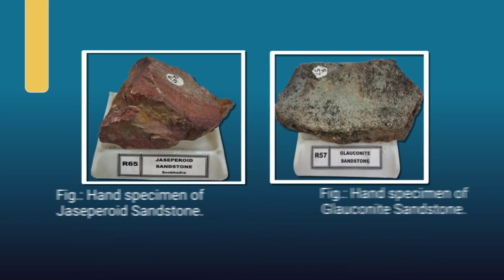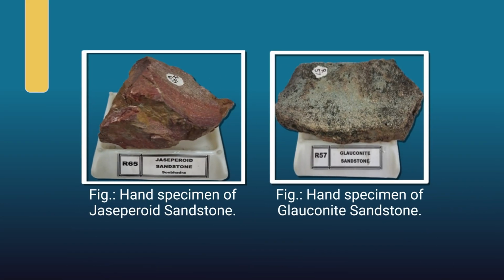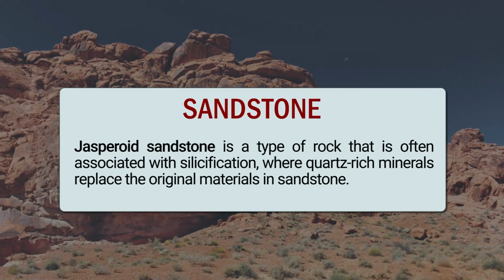Here you can see another hand specimen, of jasperoid sandstone. This is also a hand specimen, of glauconite sandstone. The jasperoid sandstone is a type of rock often associated with silicification, where quartz-rich minerals replace the original materials in the sandstone.